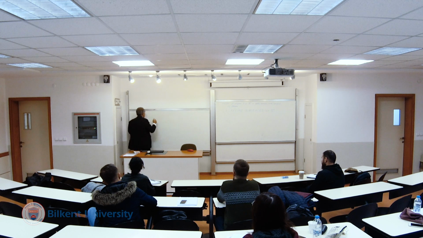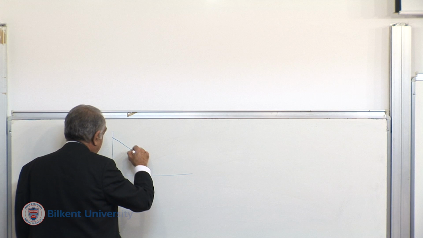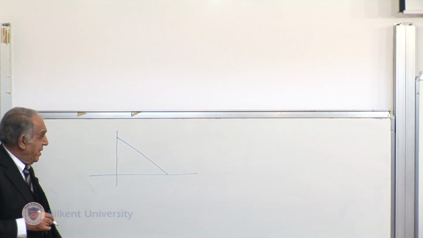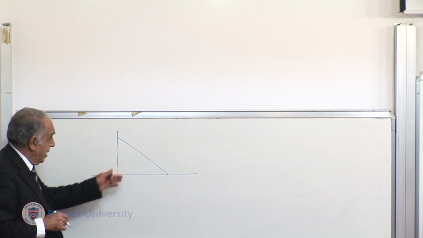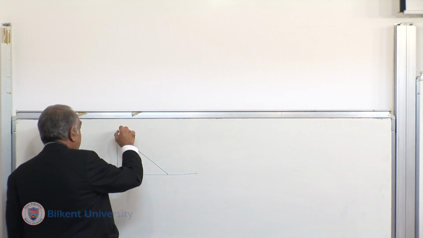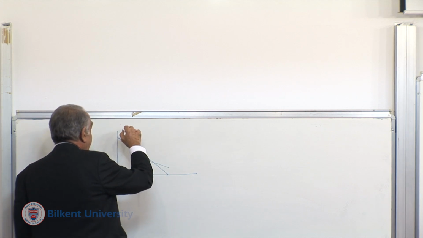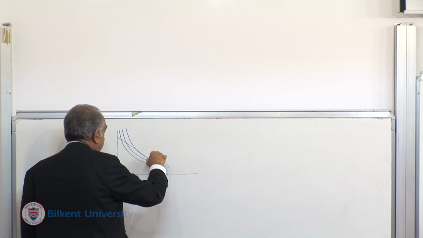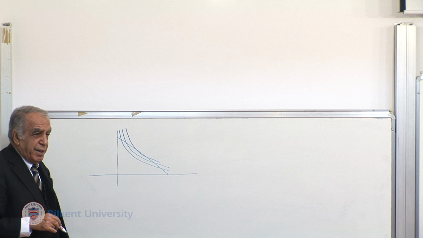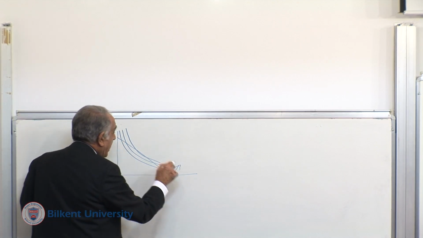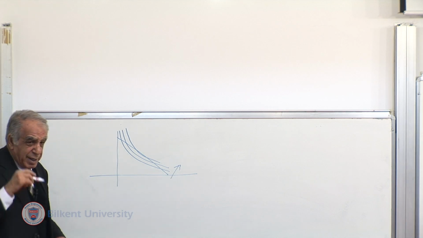This widely used picture in economic theory, well, this is the budget set. You have indifference curves. Well, suppose utility is increasing in this direction.